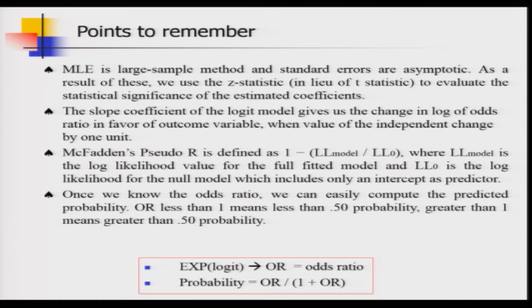So, once we have the estimated coefficients, we can always find out the odds ratio from the logit function, and from there we can easily compute the predicted probability. Okay. But odds ratio number itself gives us a signal about the probability of the positive outcome. So, odds ratio less than 1 means that there is less than 50% probability, and if odds ratio is greater than 1, then that indicates greater than 50% probability.